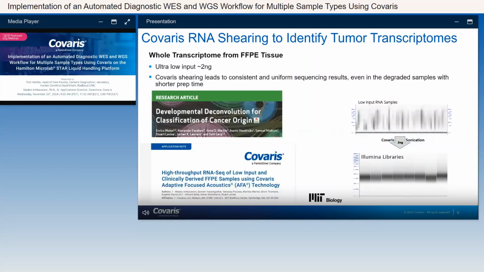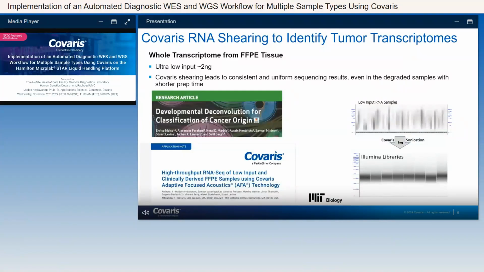Despite this, using a single protocol, they achieved consistent shearing on inputs as low as 2 nanogram, resulting in highly uniform Illumina libraries regardless of initial sample quality, as shown in the gel image on the bottom right. This clearly demonstrates that AFA-based fragmentation is highly effective across a wide range of RNA-seq protocols, producing high-quality libraries that are input agnostic.